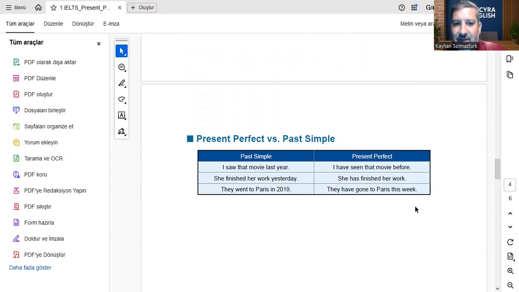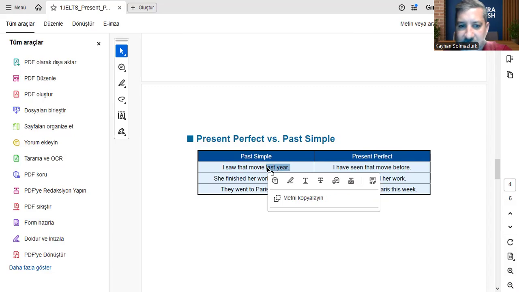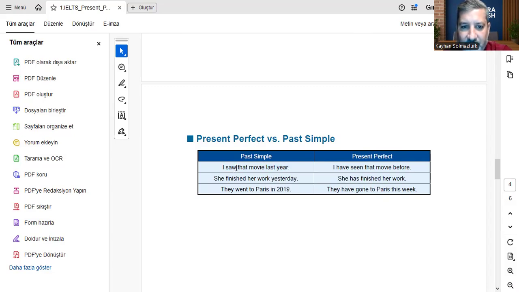It means you learned the present perfect, and the effect is you have learned the present perfect. Now I will talk about the difference between the present perfect tense and the past simple tense further. Past simple: I saw that movie last year. Look, there is a specific point of time. We can mention it with past simple and, of course, verb two.